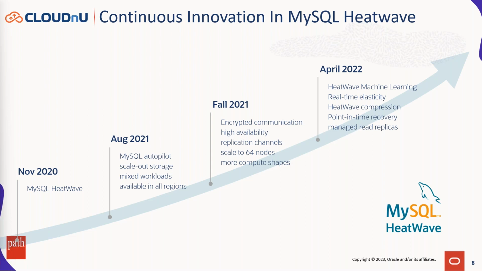Then we've also integrated machine learning into MySQL HeatWave. And then you can move your MySQL HeatWave into any cloud. We give it multicloud. And then this is our newest and latest product, MySQL HeatWave Lakehouse.